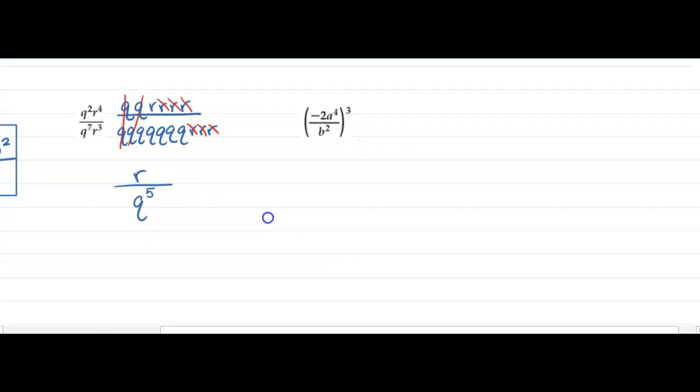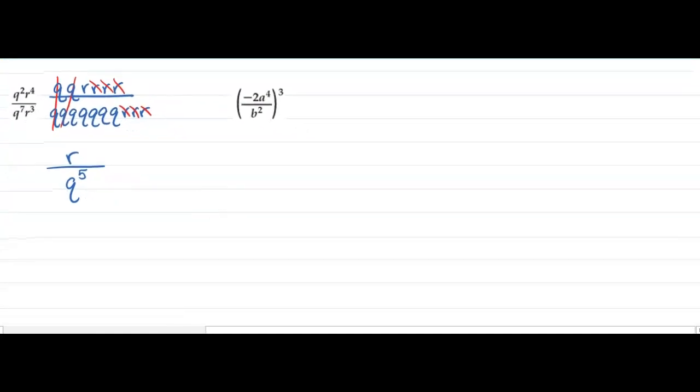All right, the next one we have a power of a power. This exponent out here needs to apply to each base, and this is where people make a mistake. I need to give it to the b squared, I need to give it to the a to the 4th, and I also need to apply it to this coefficient.